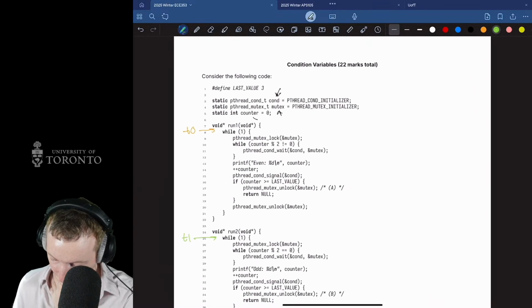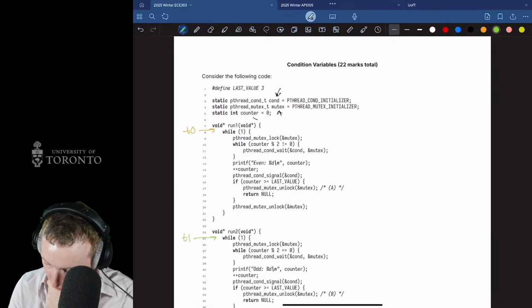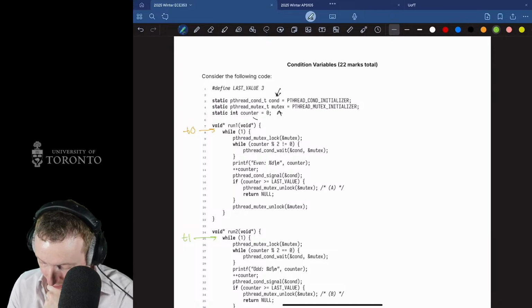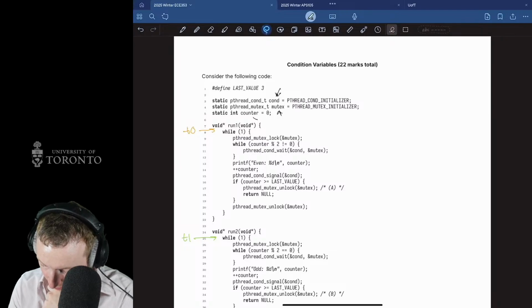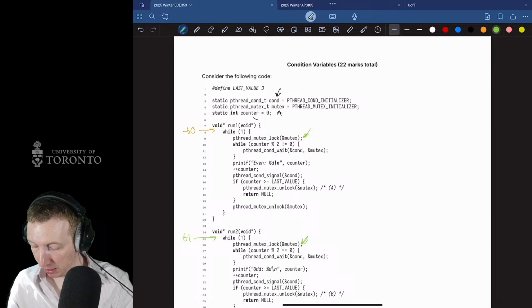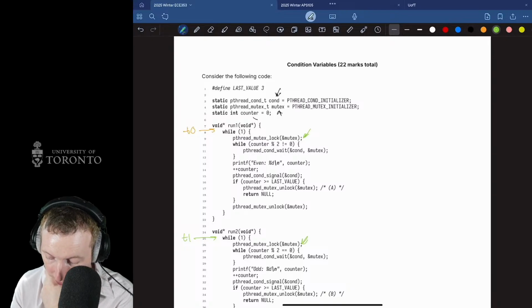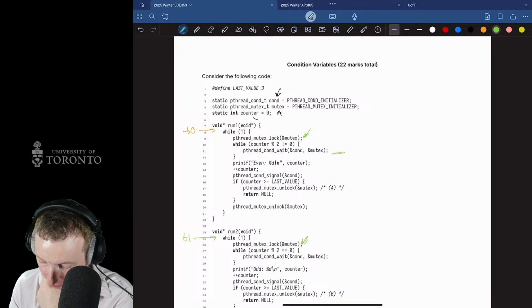So let's look at this. So if we look at the code, well, okay. First one, it's in an infinite loop where we lock a mutex. They both lock a mutex, so knowing this, only one can pass this at a time, and we can kind of look at it and see what it's doing. So if we mod the counter by 2, if it's not equal to 0, so aka it is odd, we're going to wait for it.